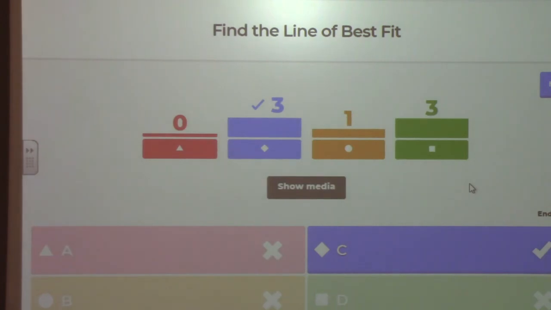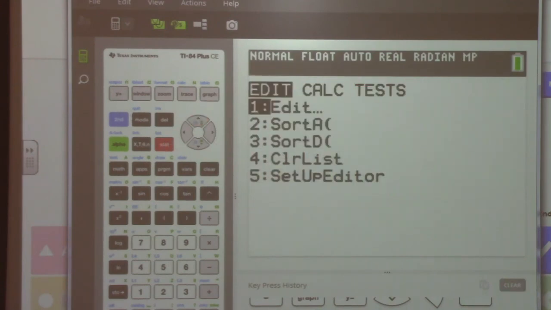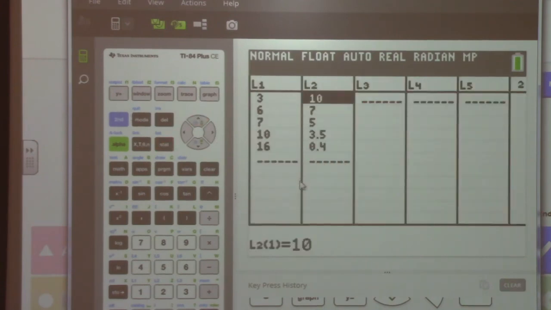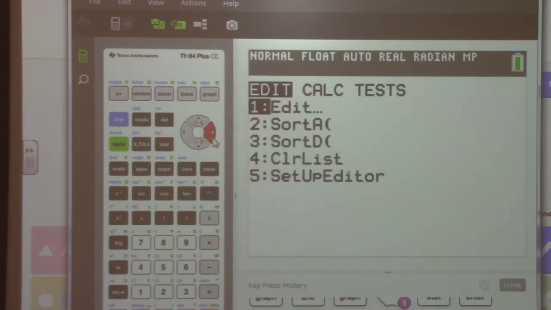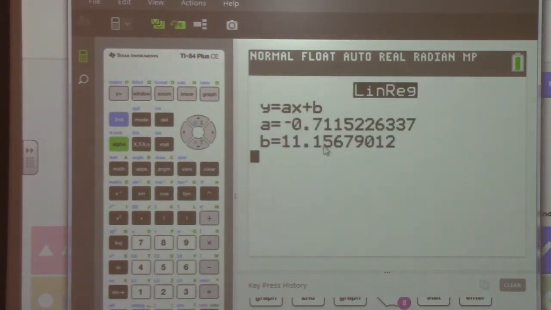Okay. Back in early lines. Let me show you here. You're right, Steve. If you go to Stat, Edit, everything is entered here, right? And then you go to Stat, Calc 4, and then you go down here, and you get negative 0.72x plus 11.2 or something like that.